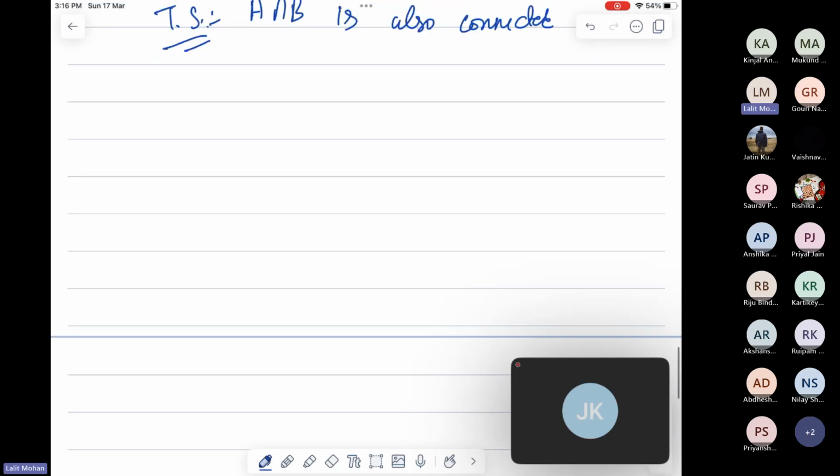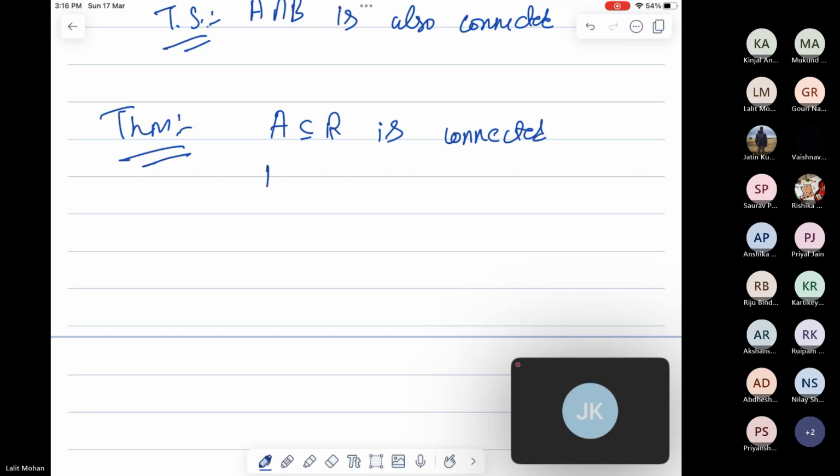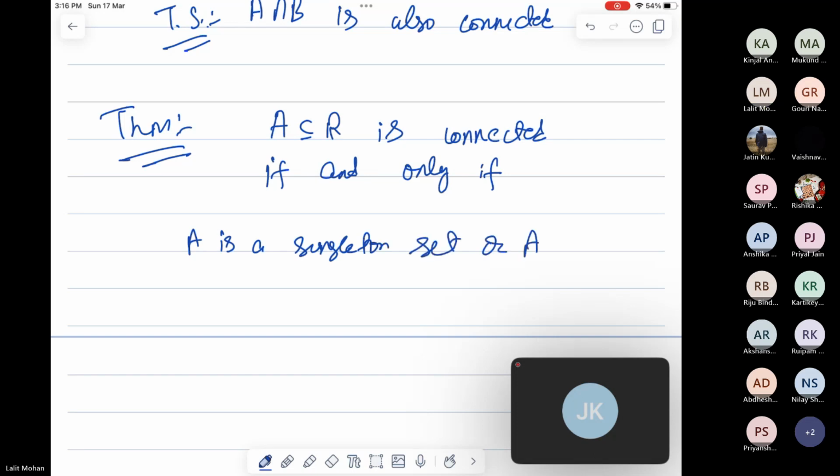I am stating a theorem here. This is very, very important. A subset A of R is connected if and only if A is a singleton set or A is an interval. You know about this theorem, yes or no?